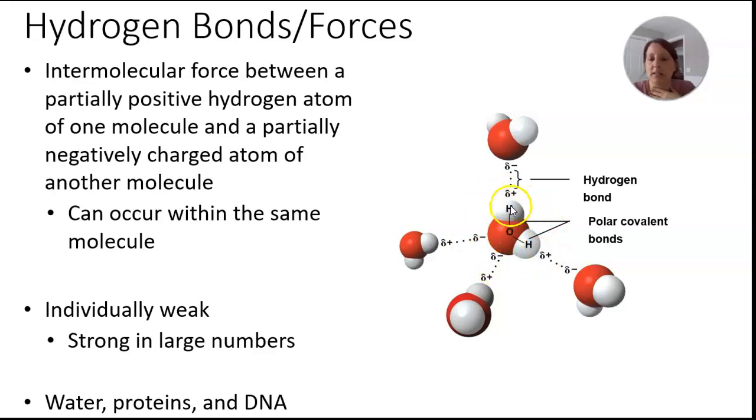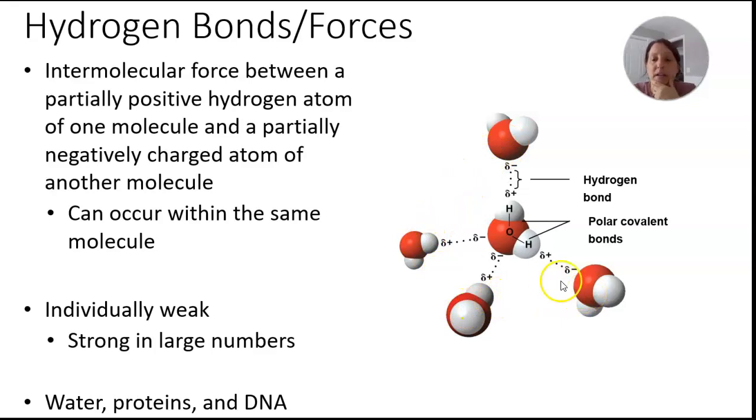Okay, now because these bonds are polar covalent, we know that this hydrogen has a partial positive charge, and this oxygen has a partial negative charge, and this hydrogen has a partial positive charge. Now the same holds true for these other water molecules.